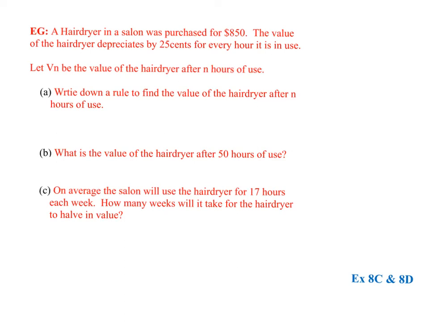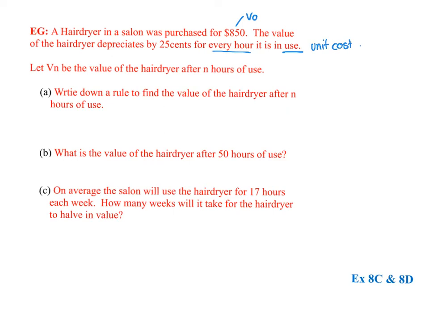All right, a hairdryer in a salon was purchased for $850. Oh my God, it must be a Dyson. The value of the hairdryer depreciates by 25 cents for every hour in use, okay? So every hour in use, hopefully unit cost is flagged there. What's wrong with the 25 cents?